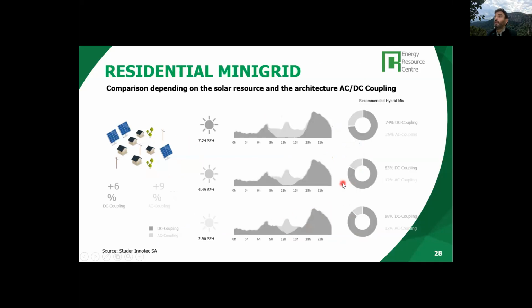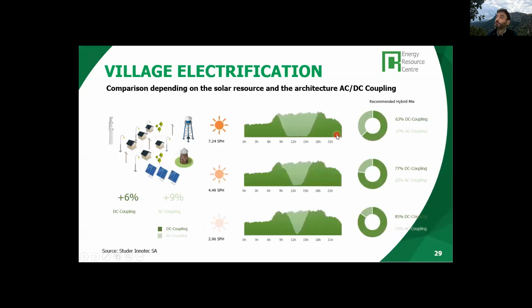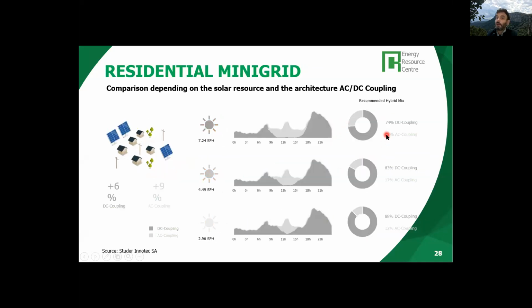So depending on the level of irradiation, the level of solar resource received in that community, the optimum coupling could be, you know, a mixture of DC or AC. That depends on the kind of generation that we will have during daytime, or sorry, the matching of generation on consumption.